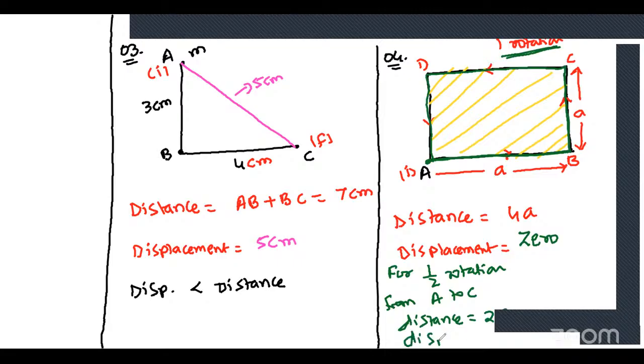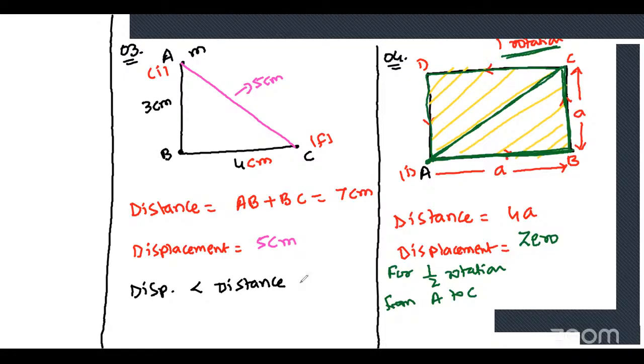Displacement from A to C means along the diagonal.